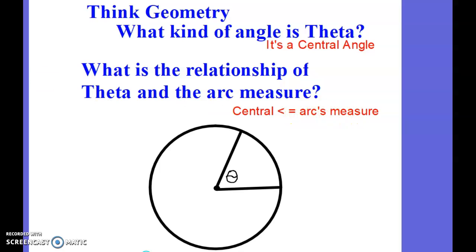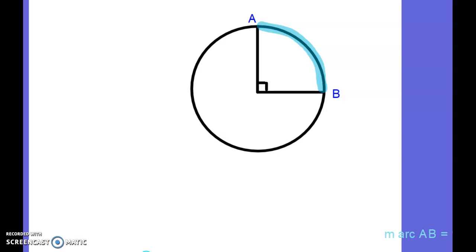Okay, couple questions for you. What is the measure of A to B? Well, if you said the measure of arc AB is 90 degrees, you would be absolutely correct. Why? Well, this is coming from the center. This is a right angle.